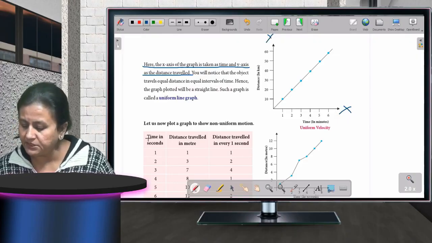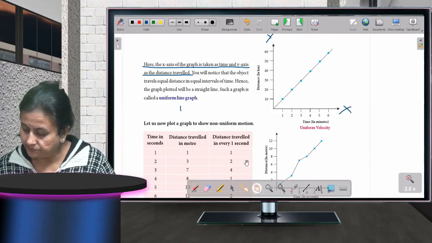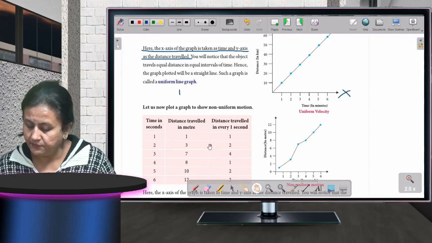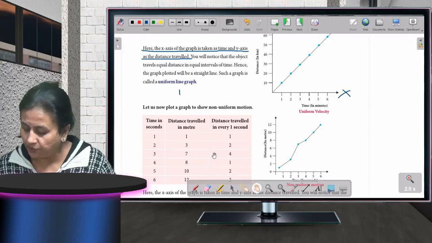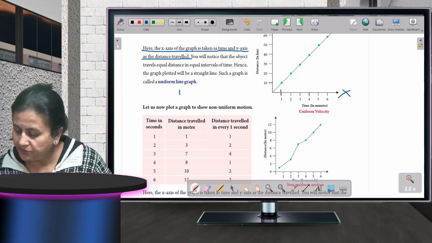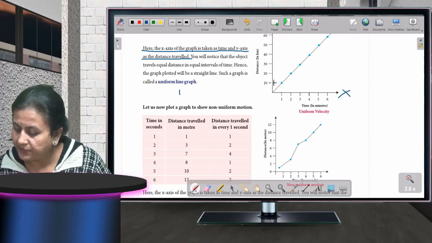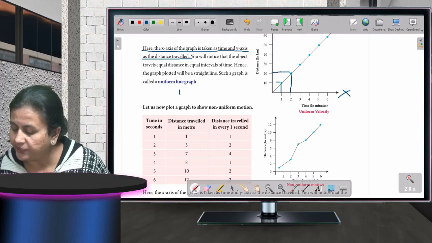Now with its help, what are you going to plot? The points. So in 1 minute, how much distance is traveled? 10 kilometers. In 2 minutes, how much distance is traveled? 20 kilometers.